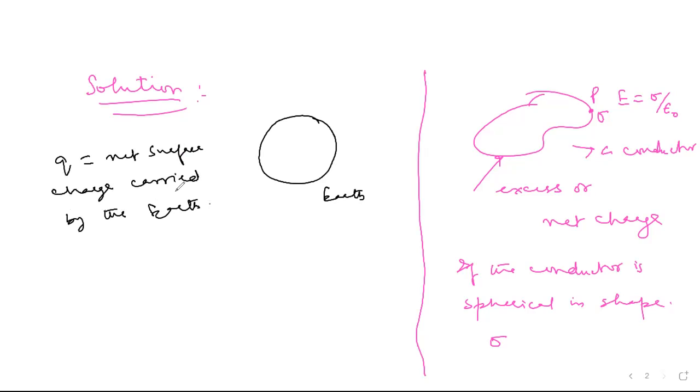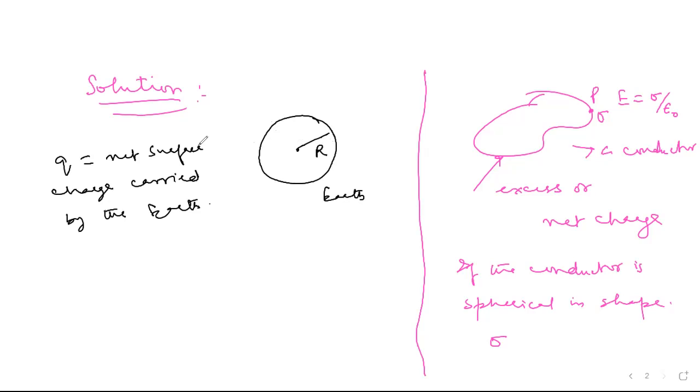Assuming Earth is spherical, this charge will be distributed over the surface of the Earth uniformly, right? So let R be the radius of the Earth.